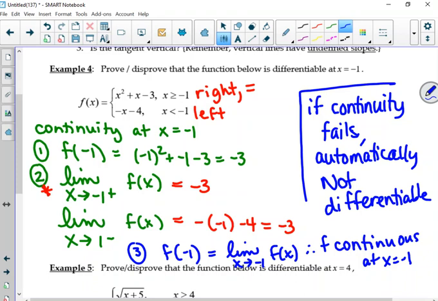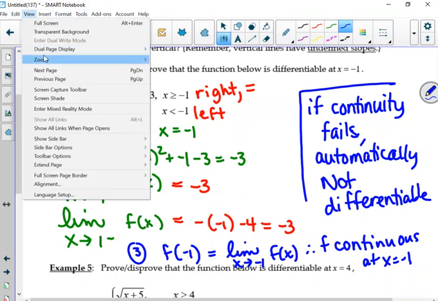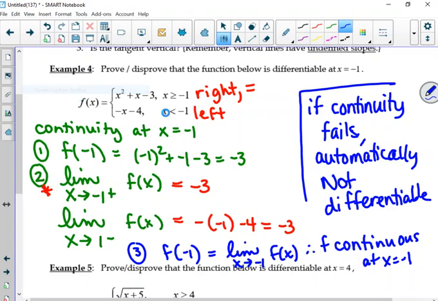So if your goal is to prove differentiability, and you start as you have to with continuity, and the continuity doesn't work, you're done. But this particular function, the continuity worked, so differentiability is still in play.